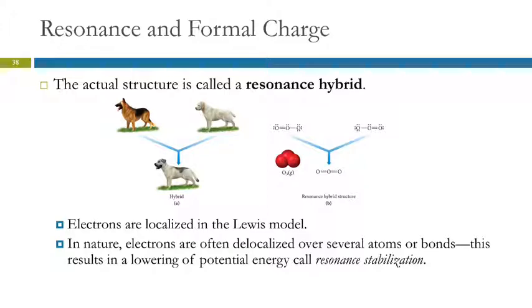Okay? So when we look at Lewis structures, we can draw the double bond with the oxygen on the left, the double bond with the oxygen on the right. But the true structure is more like this, where there's a 1.5 bond. I think of this as a little bit like my husband and I and our children. So this would be me. All of my ancestors came from Sweden.